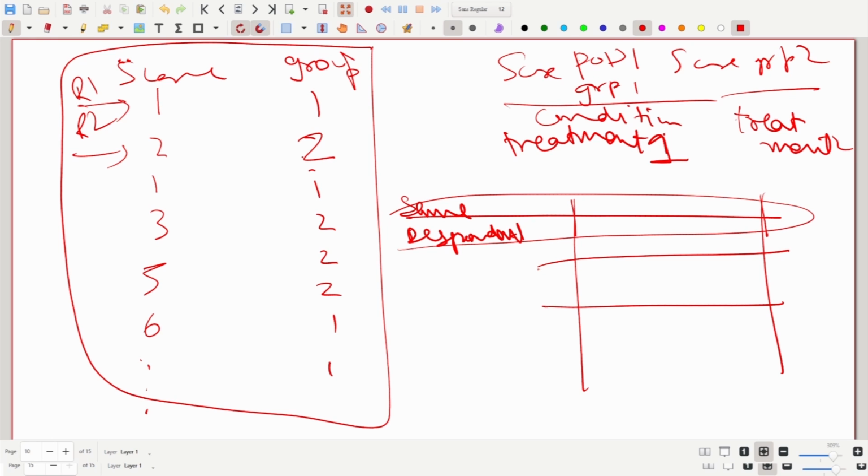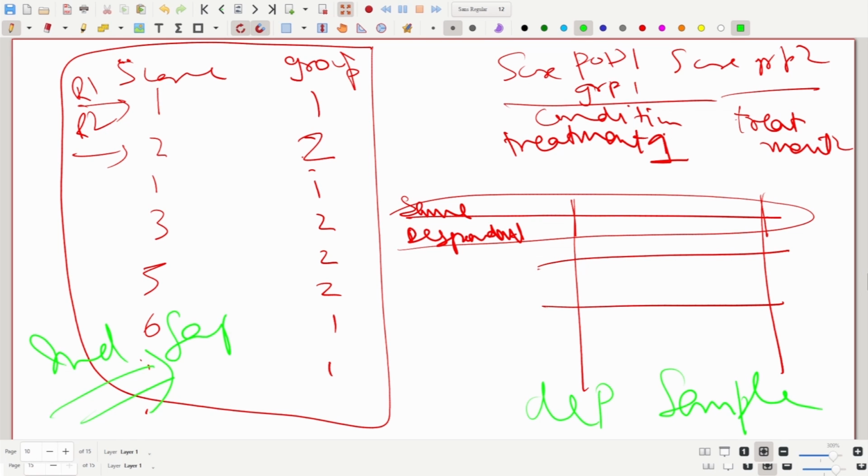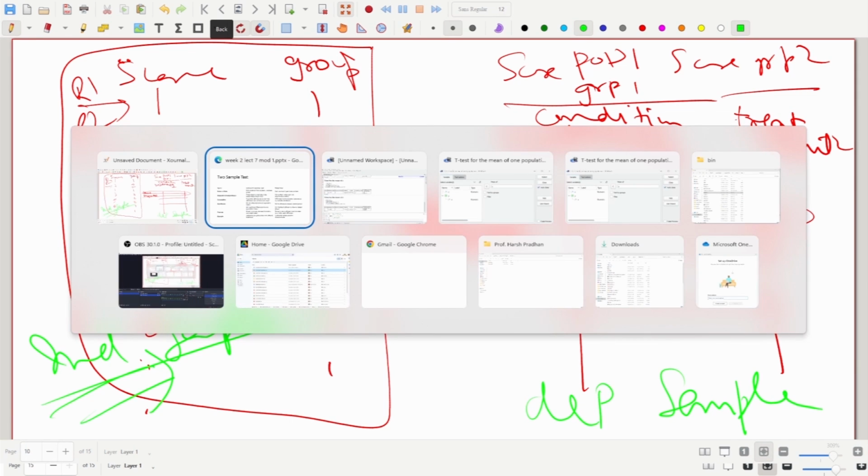So this is a dependent sample because both samples are linked, and this is an independent sample. Okay, and we will see a demonstration of this right now.